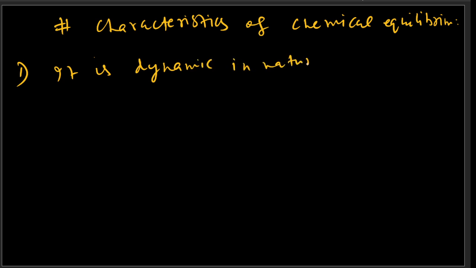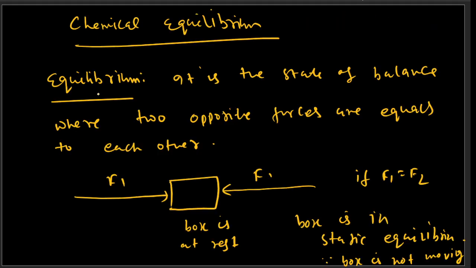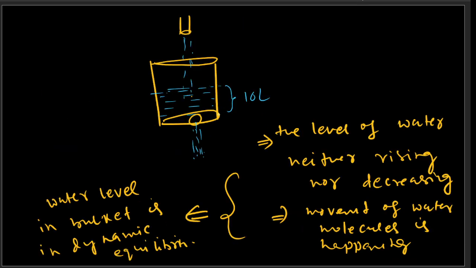Equilibrium can be of two types, static and dynamic. This type is static, where the box is not moving. But here the movement of water is happening while the level of water remains constant. This type of equilibrium is called dynamic equilibrium.